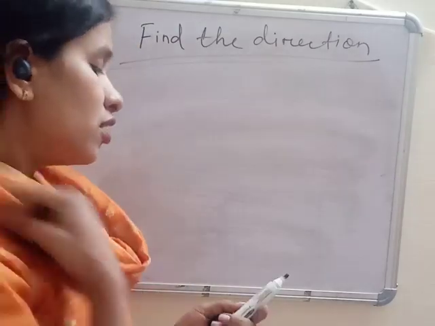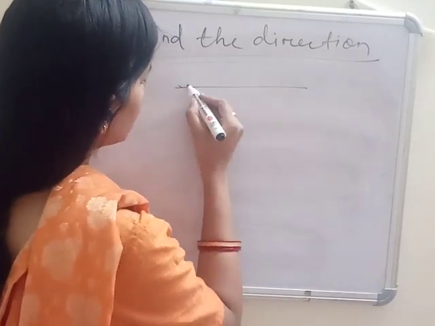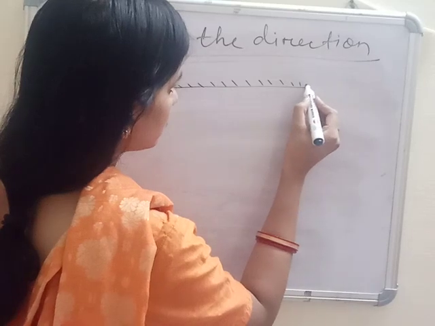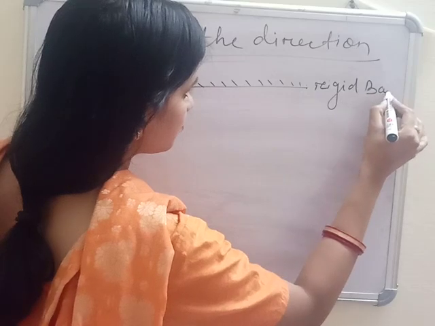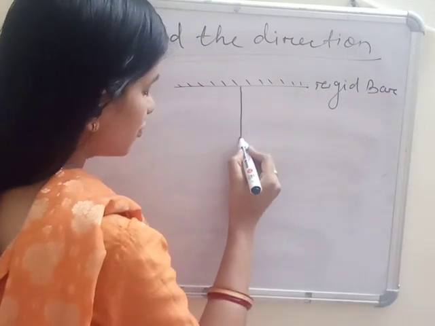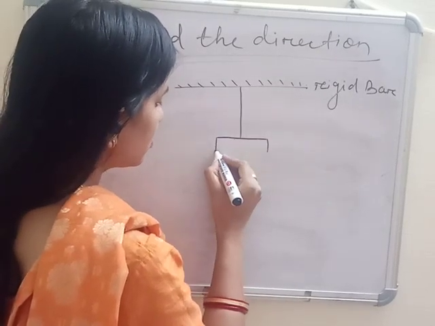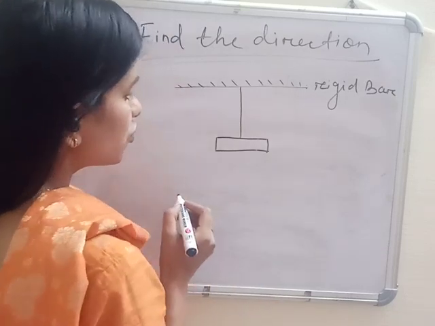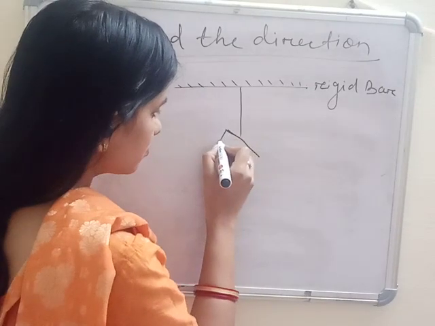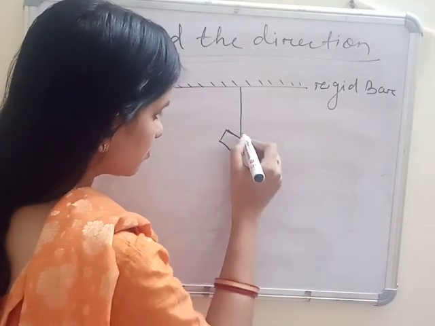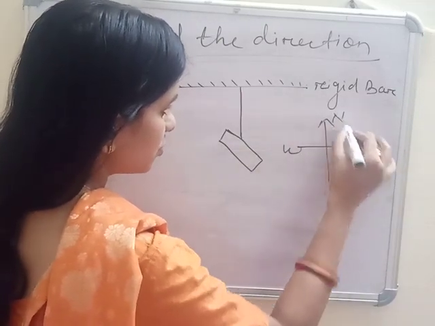Okay, so when you suspend a rigid bar, a magnet, with the help of a thread, you'll find that, you know, this is the direction: east, west, north, south.